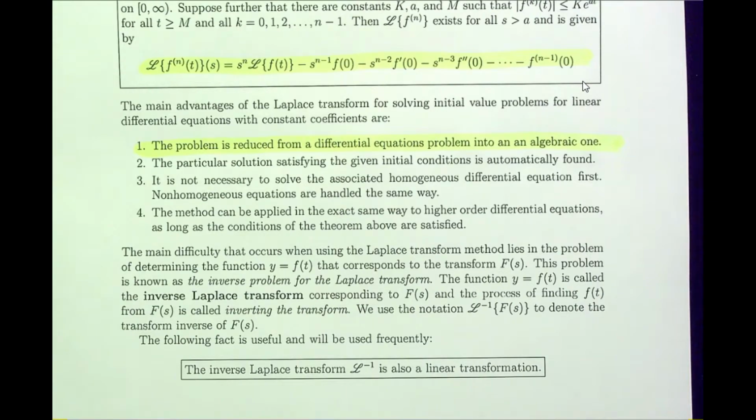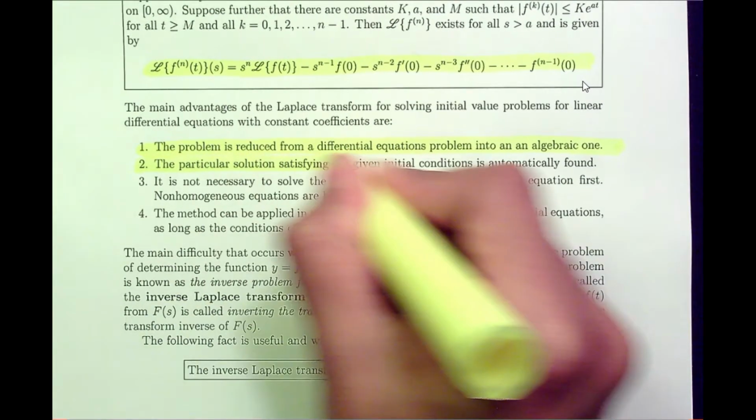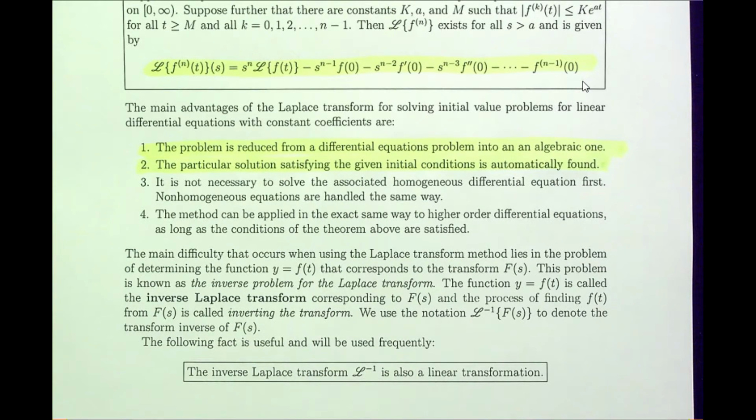You don't have to do any of that, because the C1s, the C2s, and the C3s are automatically found by this method. So it does both in one shot: solve the differential equation and find the C1s and C2s and C3s. So it kills two birds with one stone.